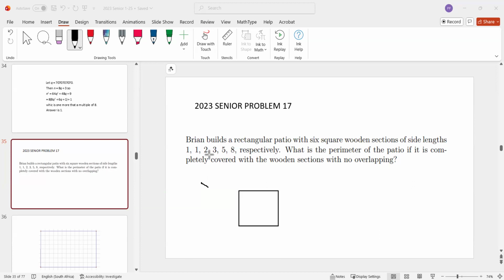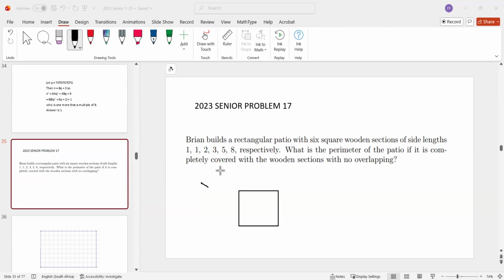So 1 plus 1 is 2, 1 plus 2 is 3, 2 plus 3 is 5, 3 plus 5 is 8, then 5 plus 8 is 13, and 8 plus 13 is 21, and so on. You can build up this entire sequence using only those numbers.